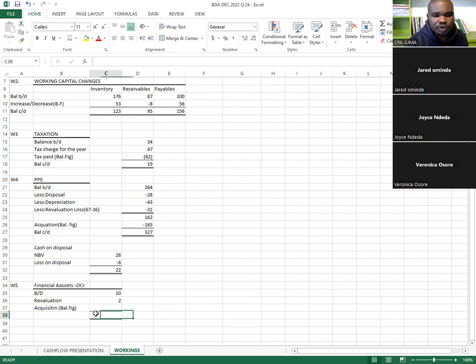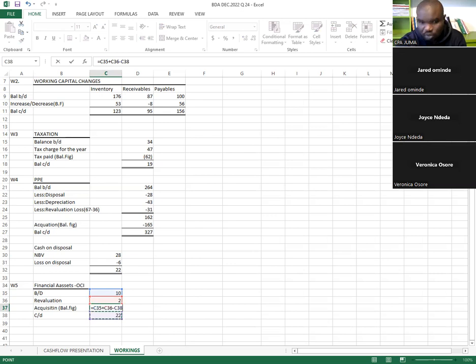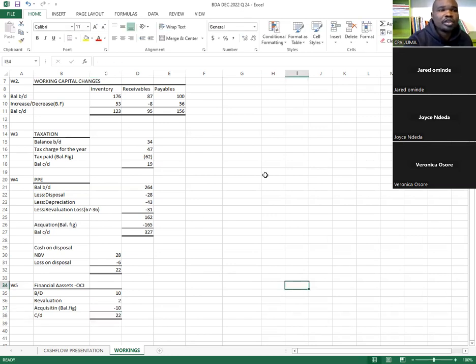So 22 is carried down. So it means they acquired. And remember, acquisition is a cash outflow, so it needs to be negative. So it should be 10 plus 2 minus 22. So they utilized 10 to acquire.